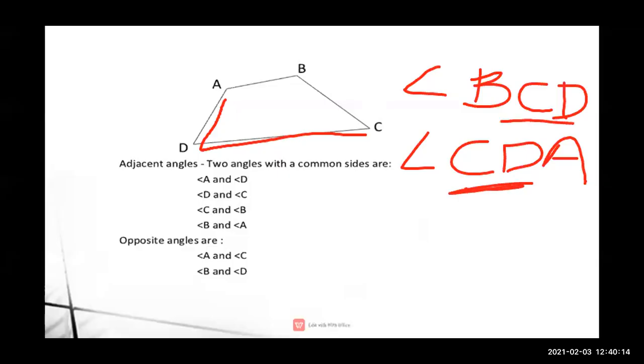CD and CD is common. So what is remaining? B and A. So B and A is our adjacent angle.